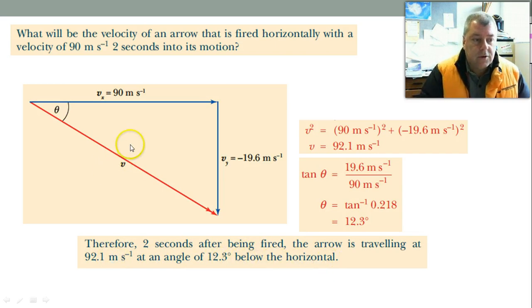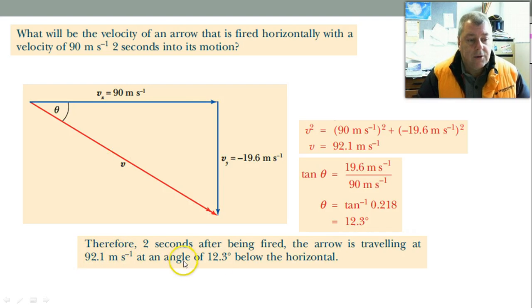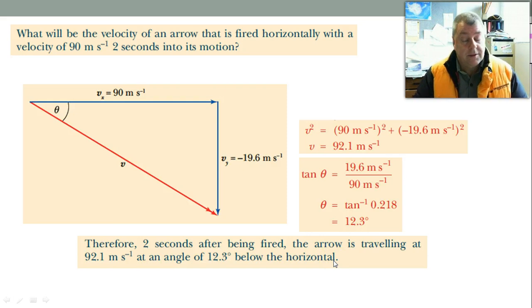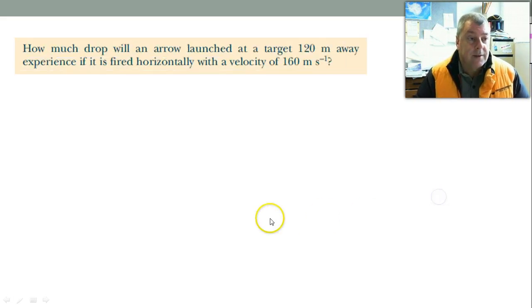So to fully describe v, you would have to say 92.1 meters per second at an angle of 12.3 degrees below or down from the horizon, or the horizontal. Okay, a lot of students forget about the angle, or they just put the angle but they don't tell us what the angle is relative to. So you have to be careful about that.